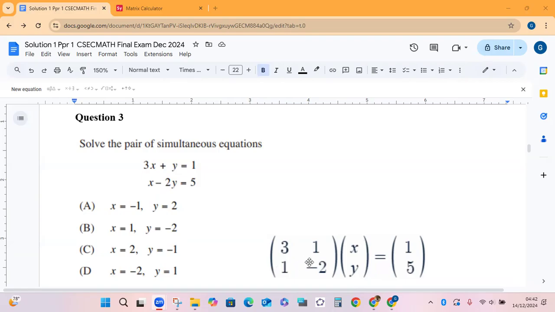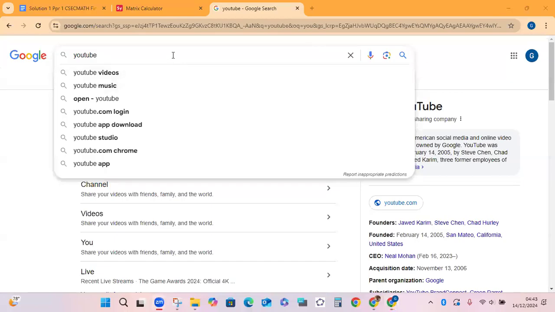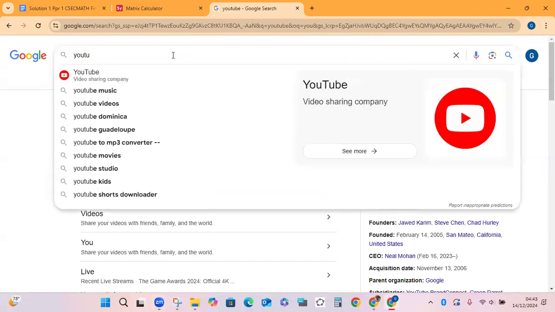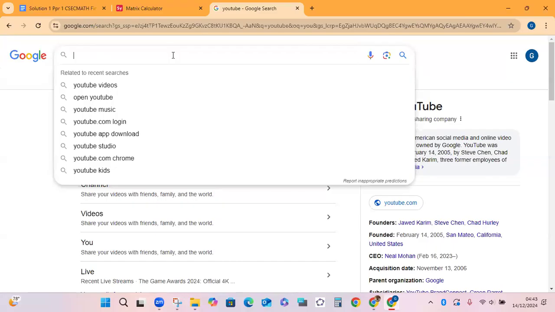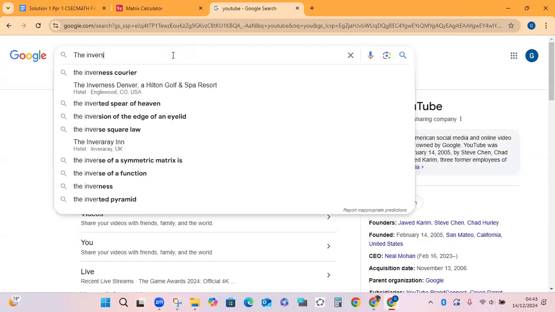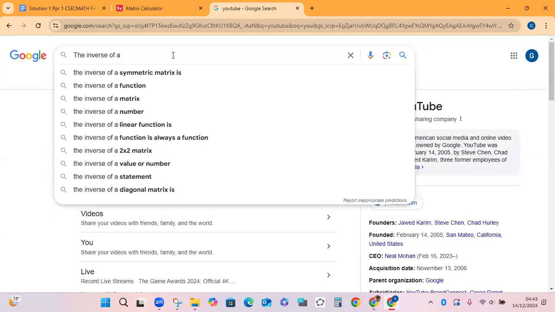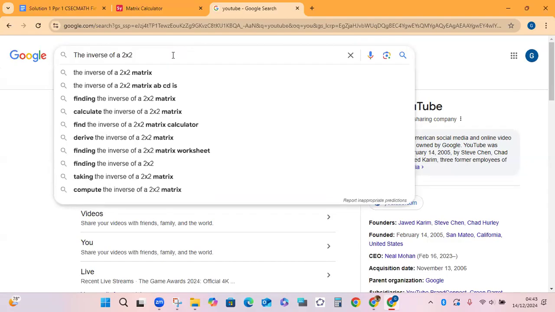The next step now is to find the inverse of the 2 by 2. Just like how I'm looking up in YouTube, how to find the inverse of a 2 by 2 matrix.